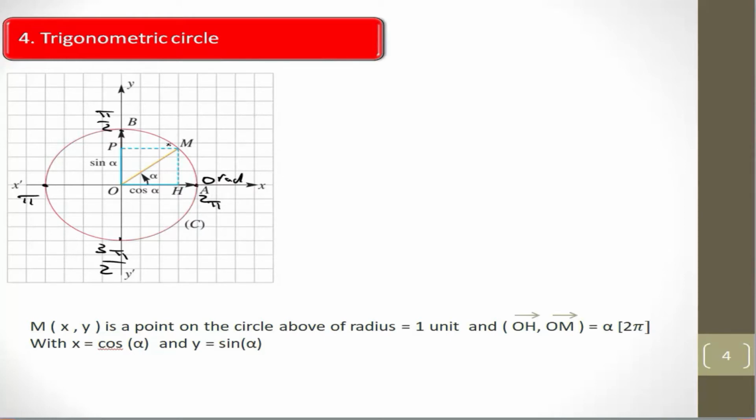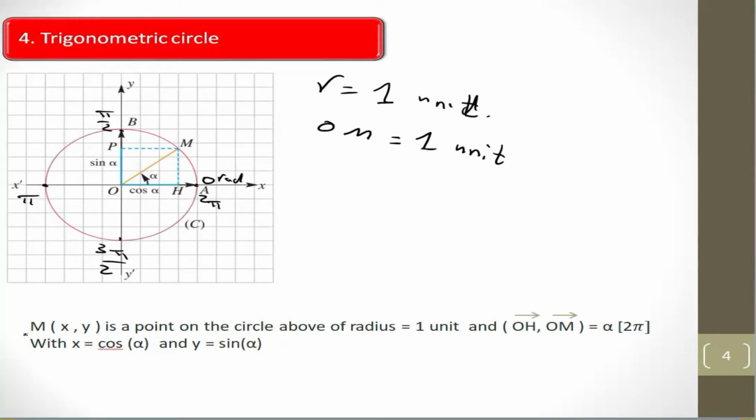The unit circle, or the trigonometric circle, has a radius equal to 1 unit. Here OM equals 1 unit, where M is a point on the circle and O is its center, of course.